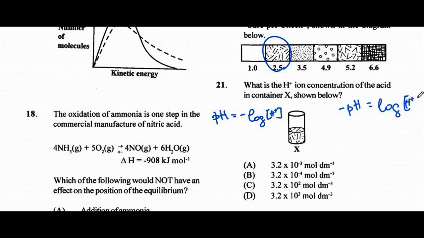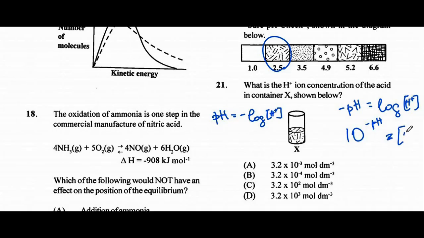So in order to find the concentration of the H plus ions, we'd have to find the antilog, and that's 10 to the minus pH, the antilog of the negative pH. So that would give us the concentration of the H plus ions.